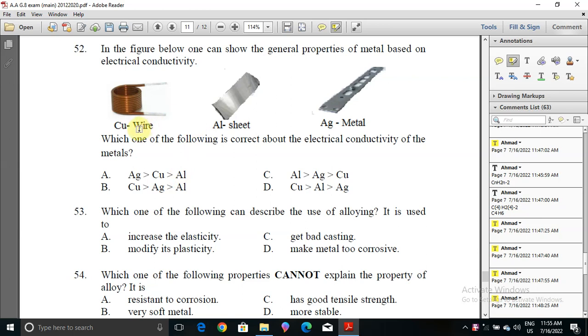First of all, it will be copper, then silver, then aluminium. So that means copper is greater than silver and silver is greater than aluminium. So the correct answer for question number 52 is choice B.